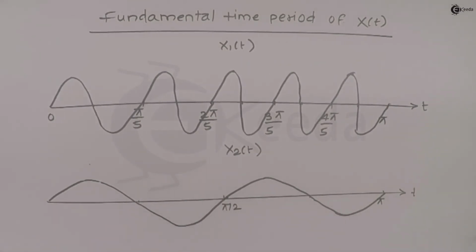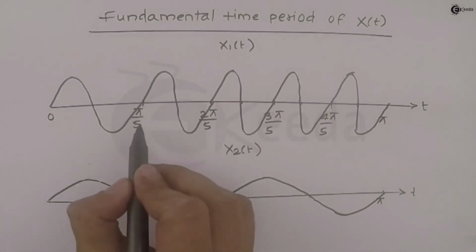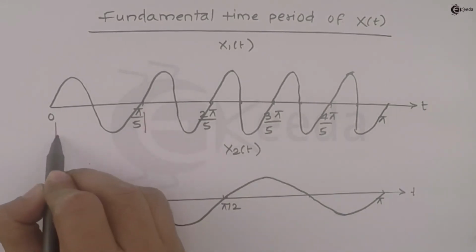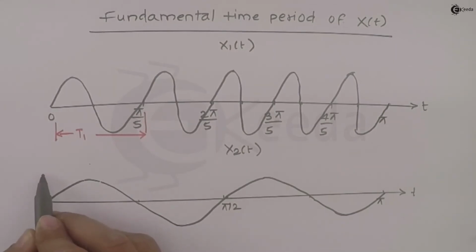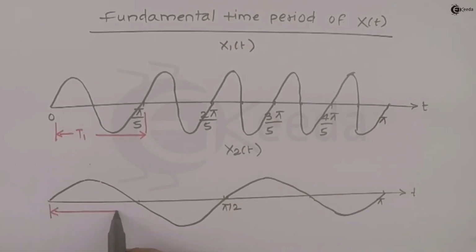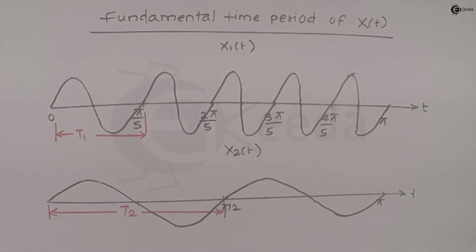So what is happening over here? The fundamental time period for x1(t) is this, and for x2(t) it is 0 to pi by 2 like this.